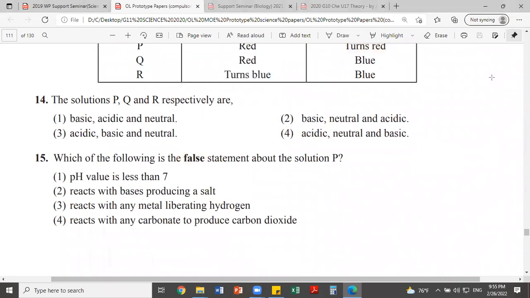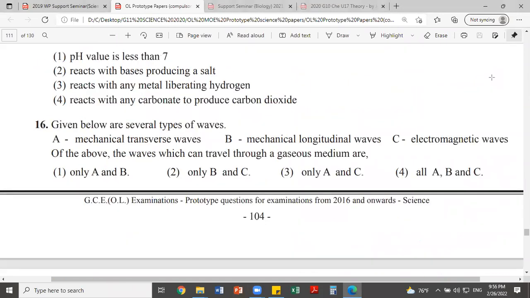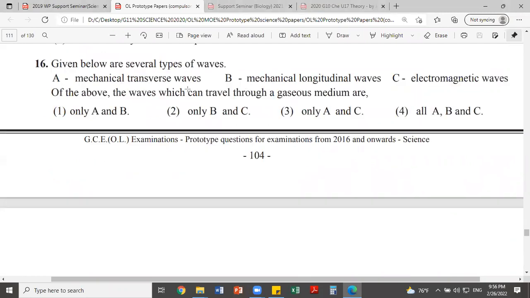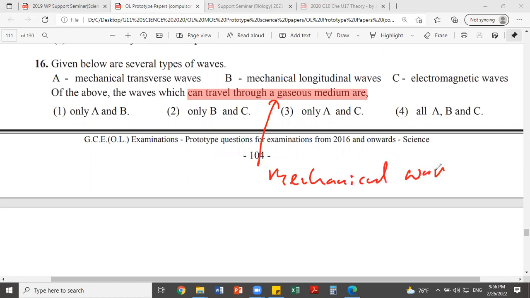Question number 16, the 16th MCQ. Given below are several types of waves. To travel through a gaseous medium, it should be a mechanical wave. Mechanical waves can travel through gaseous medium, as well as electromagnetic waves, because light travels through gas.